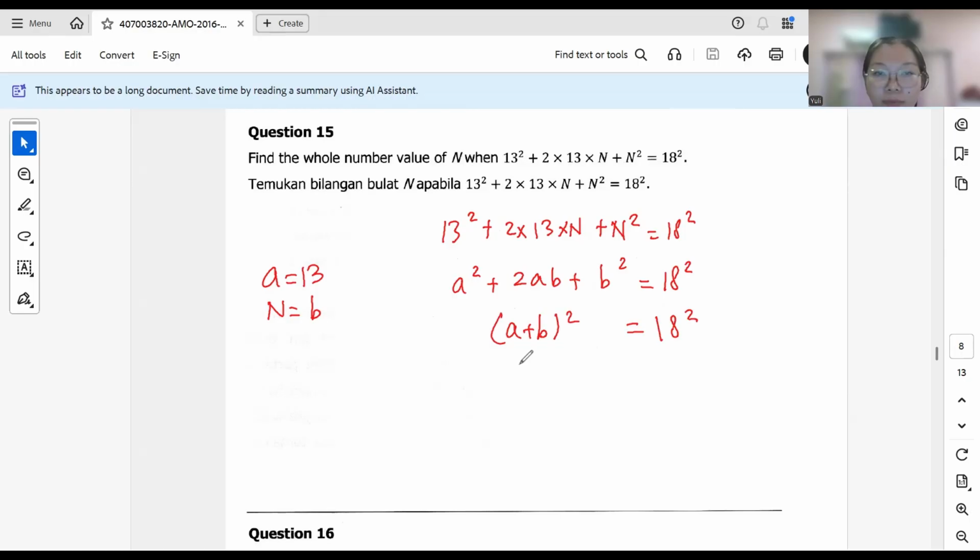So A plus B is 18. Find the whole number value of n. So A is 13. So B is 5. Okay, that's the answer. B is 5.